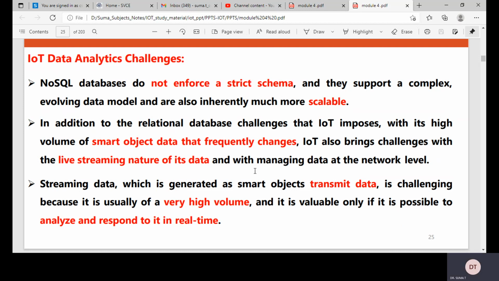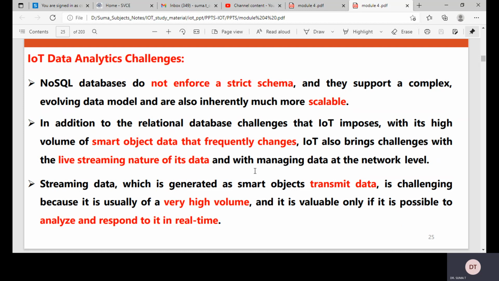This is data in the live, we can say, right? And managing such data at the network level is a very complex process.